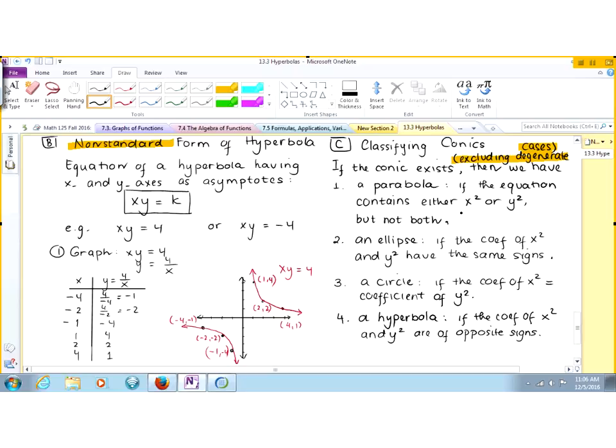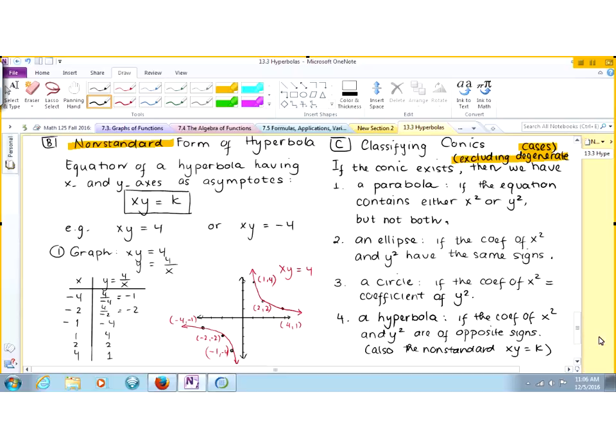Okay. Doable? Okay. Good. And also you can recognize the non-standard one, when we have xy equal to k.